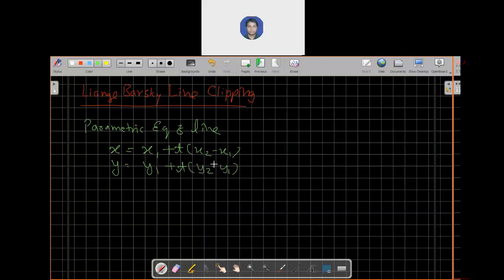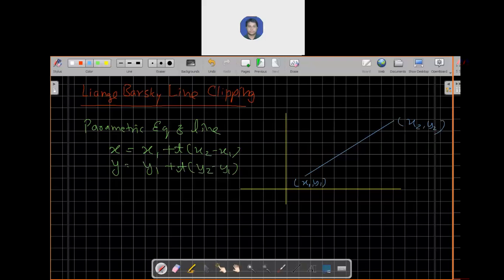So how can you find this equation? I will just explain. Just see, this is your line. The endpoints are x1, y1 and x2, y2.